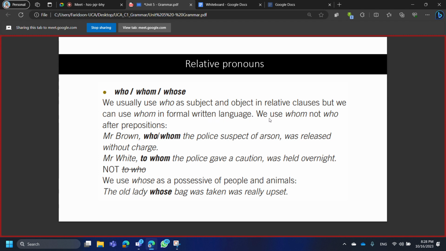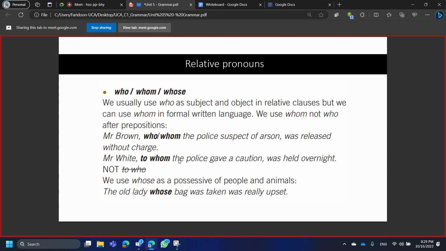Continuing, then you have: we use whom, not who, after prepositions. This is another little point that we need to talk about. Many of these adjective clauses or relative clauses have prepositions, and those prepositions actually come from the verbs that we have.